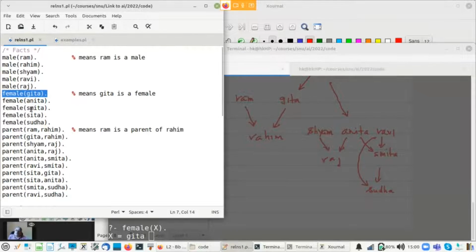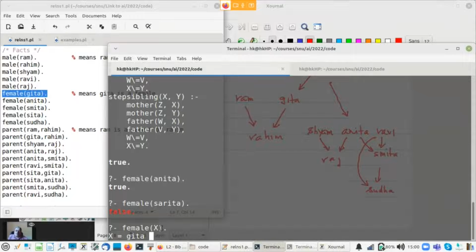This is the so-called binding. X is now bound to this value, which is often called a substitution. If I substitute X with Geeta, this becomes female Geeta, and it actually is true, because it matches with female Geeta here.